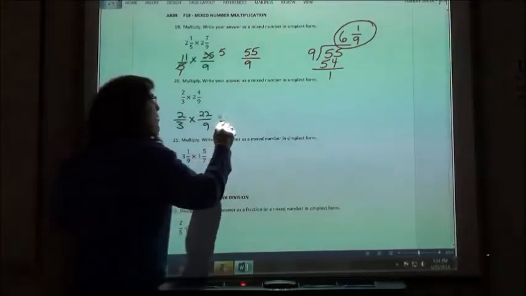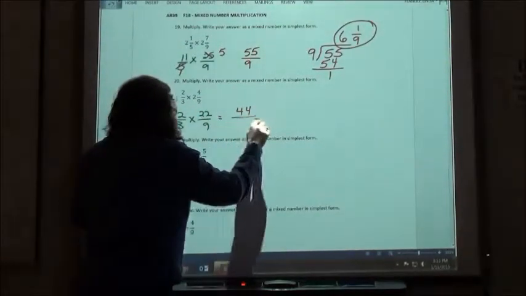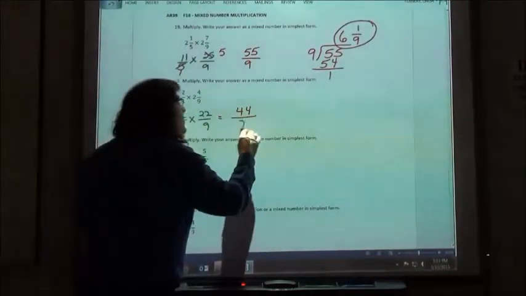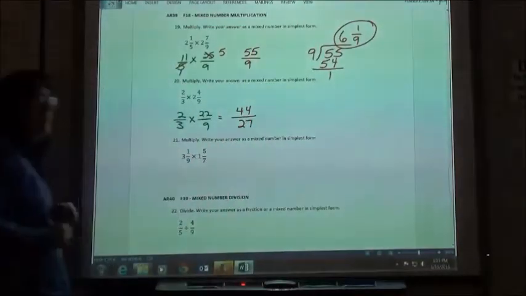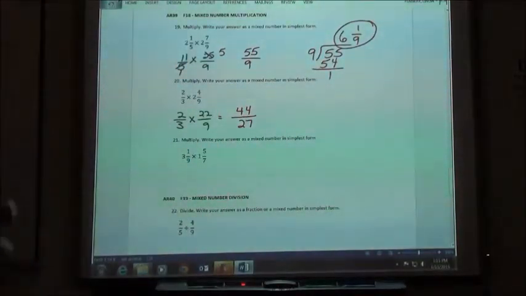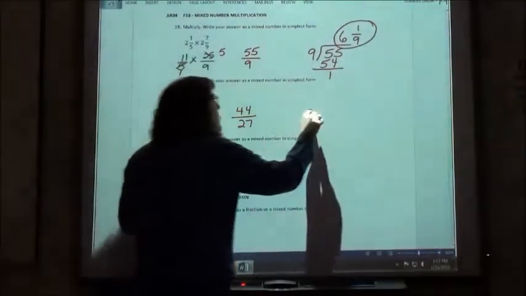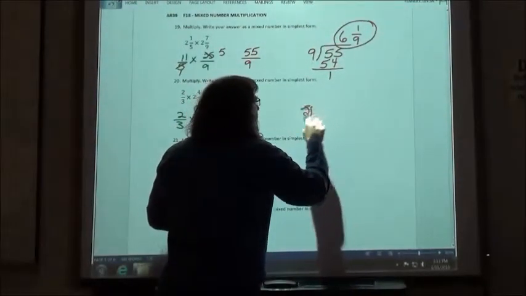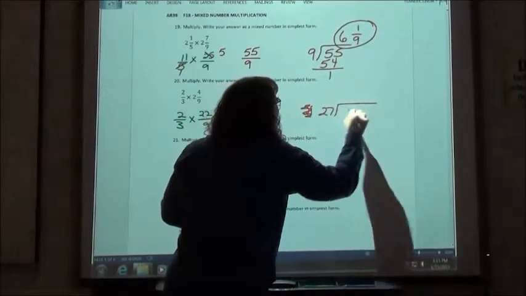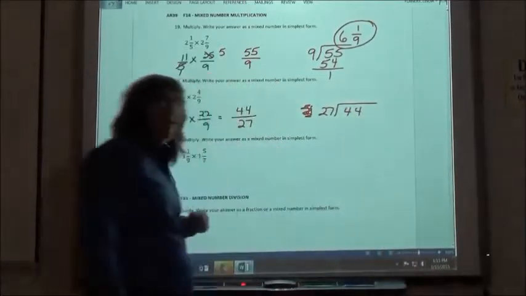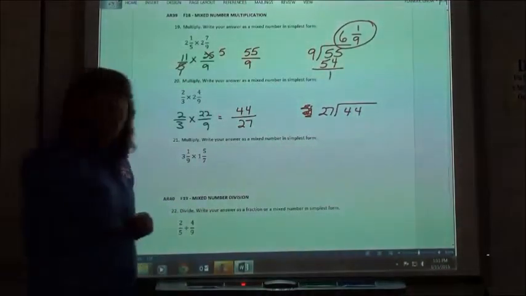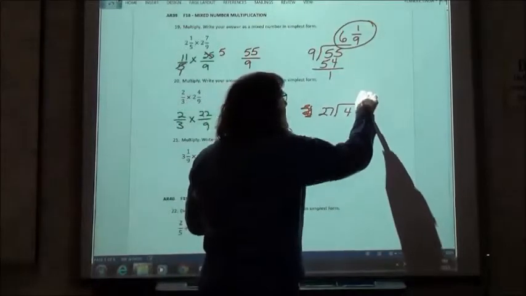2 times 22, 44. 3 times 9, 27. I now have to change that into a mixed number. 27 divides into 44 how many times? Just once.